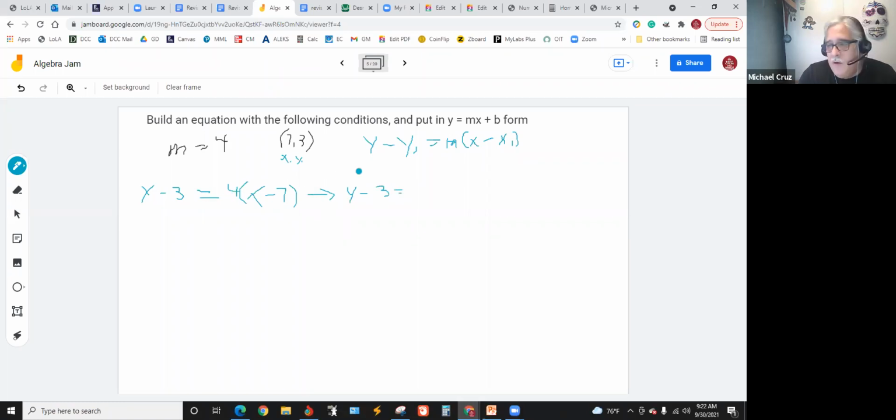We got to distribute there before we can complete the solving for y. So there we go. That's what they want.